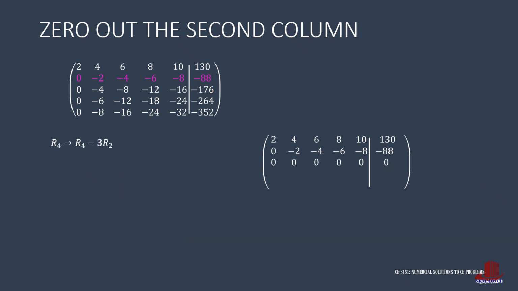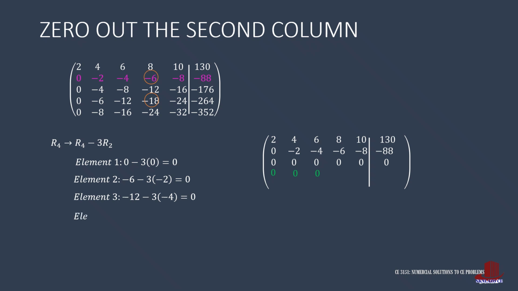For the fourth row, use the operation R4 less thrice of R2, thereby simplifying the first element from 0 less 3 times 0, which is 0. This is followed by negative 6 minus 3 times negative 2, again 0. The next element is negative 12 minus 3 times negative 4, also 0.